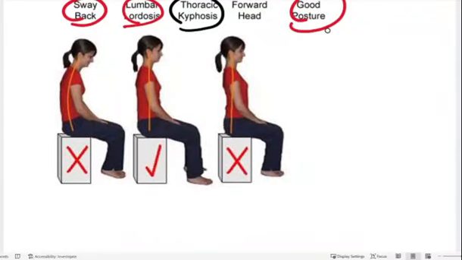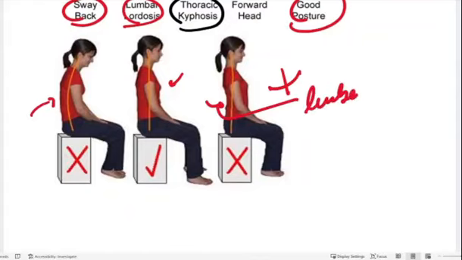Now, looking at the posture in the sitting position as well, you sit upright. A lot of people talk about this in their workplaces, a lot of ergonomics. This is the wrong posture here, and this is the right posture here, and this is also a wrong posture here. In these two you can see there is a lot of lumbar lordosis.